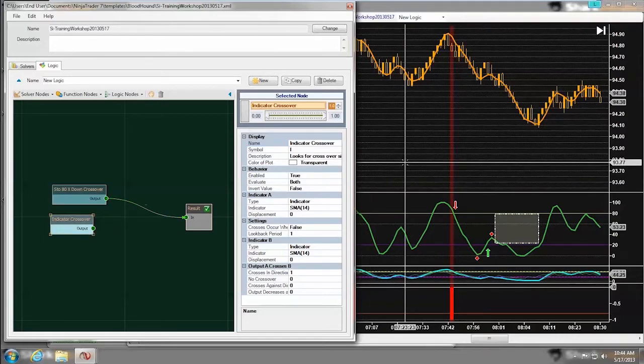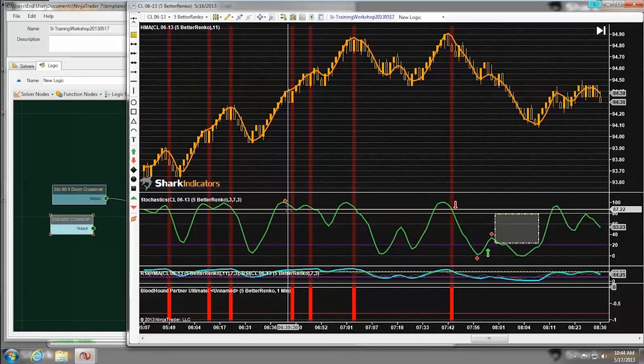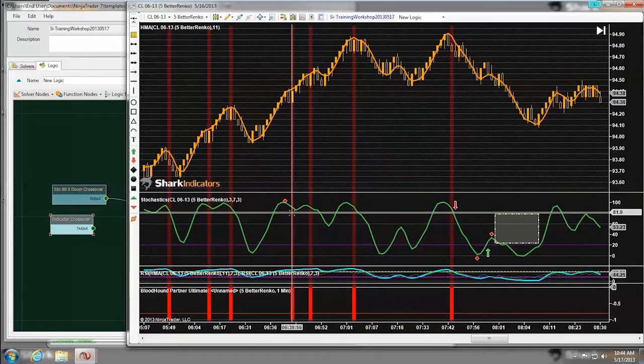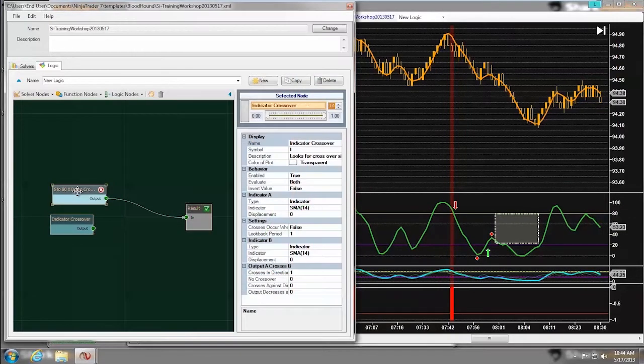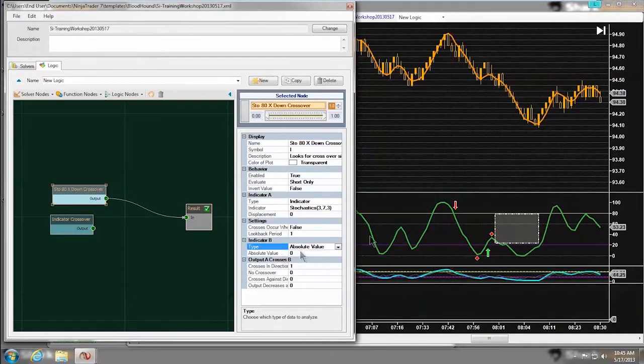So now as I look here, I must not have the solver matching what I have on the chart. Let's see. 373. Oh, I forgot to set my indicator B. All right, and I'm looking for it to cross an absolute value, right?